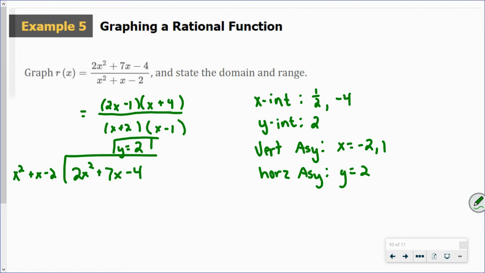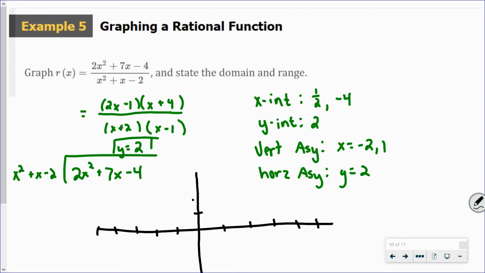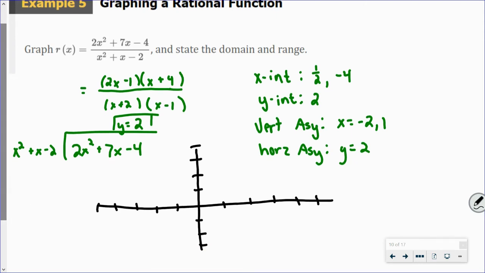Now we can start plotting those items out. I have x-intercepts of a half and negative 4. 1, 2, 3, 4.